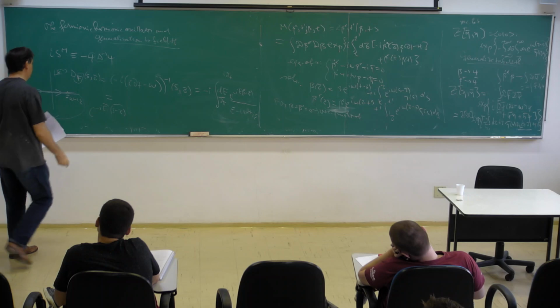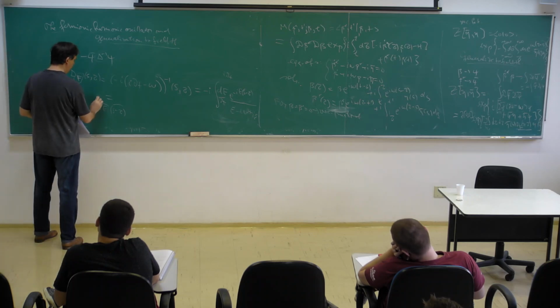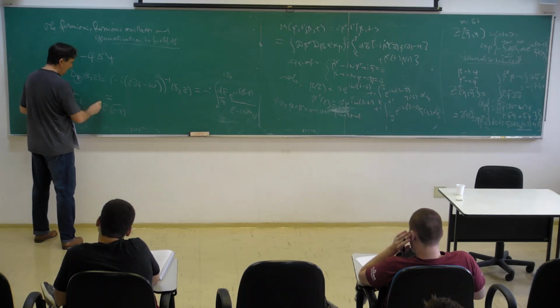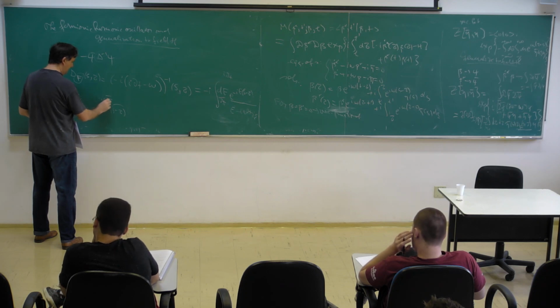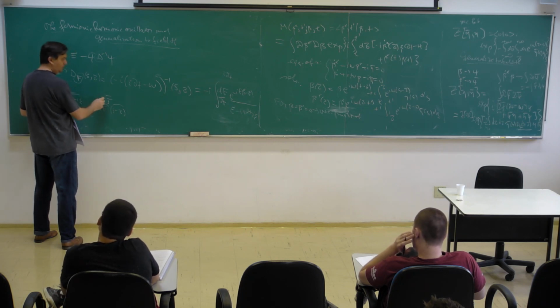Oh no, sorry, the imaginary part is negative. So if the imaginary part is negative, this is minus i times something, and minus i times minus i is negative.